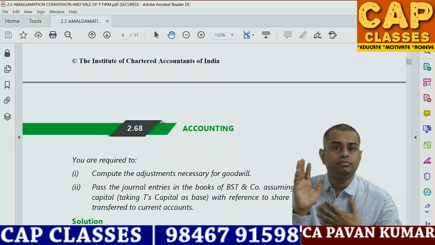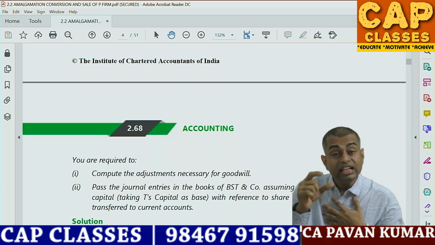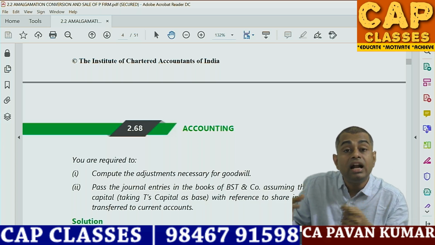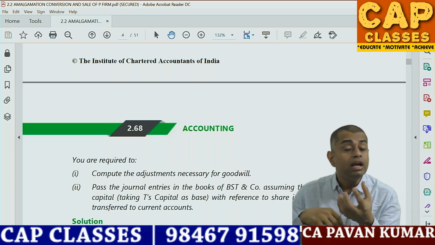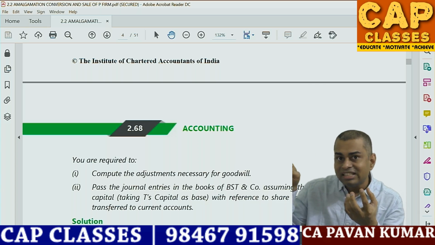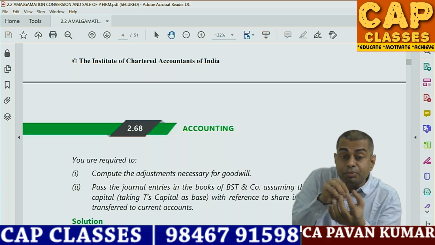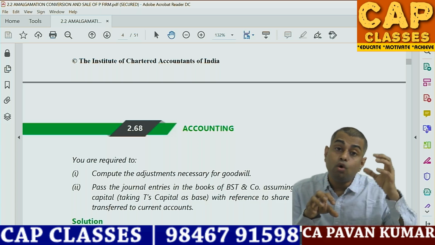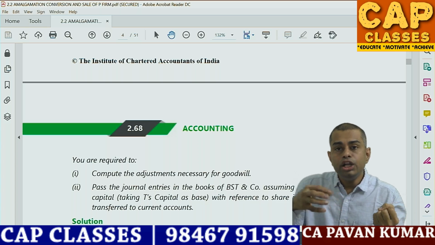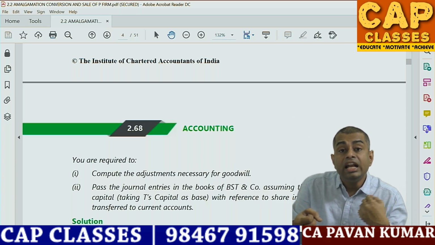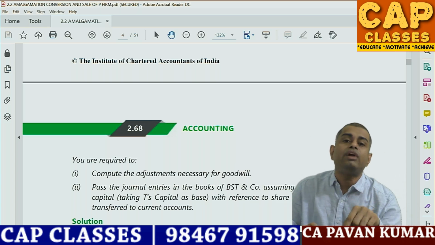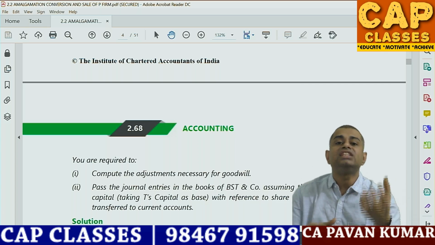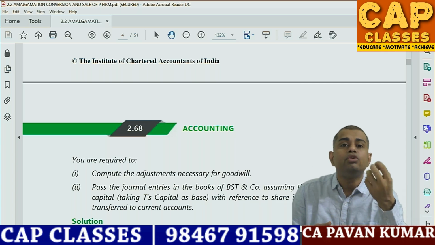In the new firm, my capital is going to be 125 rupees. Why? Because I have taken T's capital as the base and recalculated how much my capital should be. It came to 125. So my old capital is 100, new capital is 125. I need to bring another 25. If it is cash, I will bring in cash. If it is current account, I will write this 25 rupees to current account.